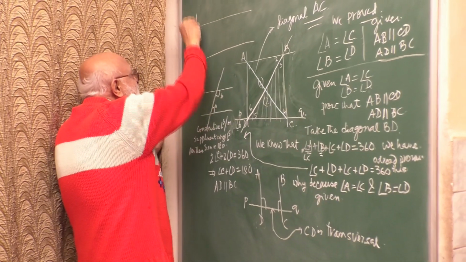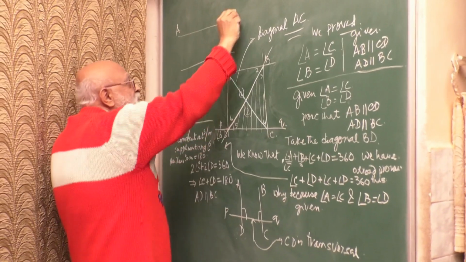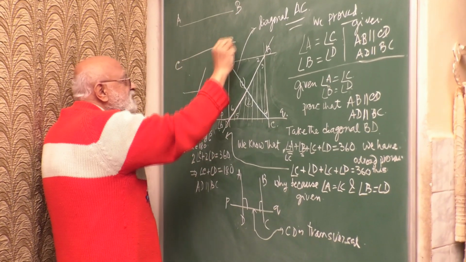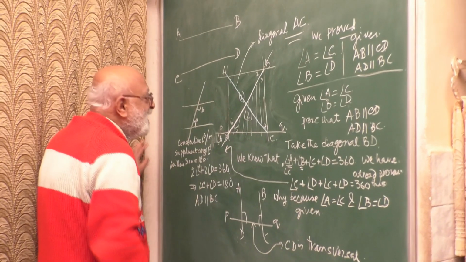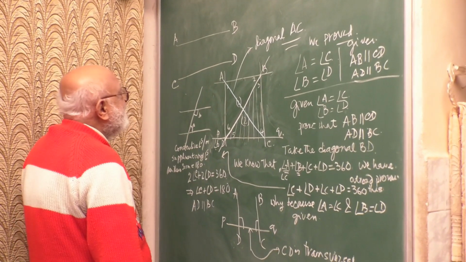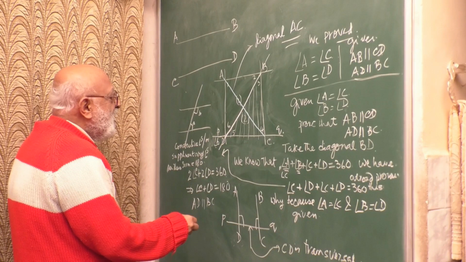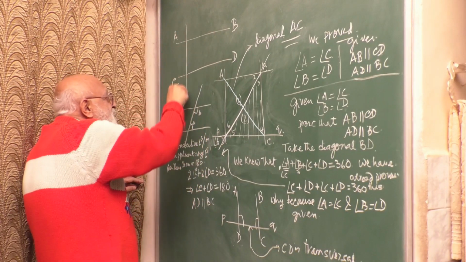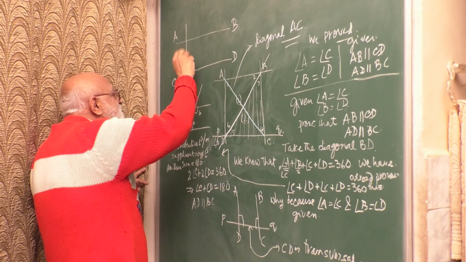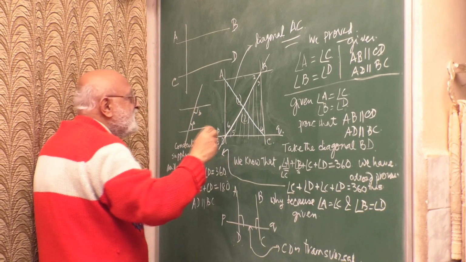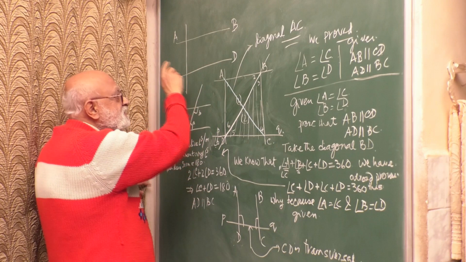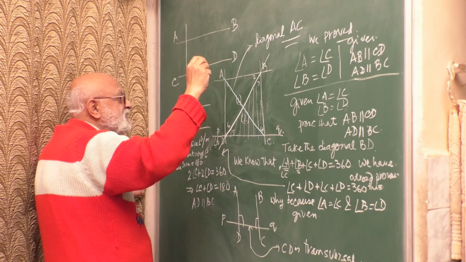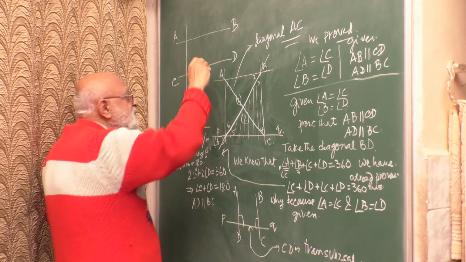So this is AB, and this is CD, and I can take AD as a transversal. So this side you can take, this is AB, this is CD, this is AD as a transversal.